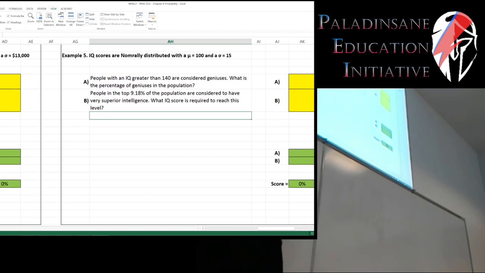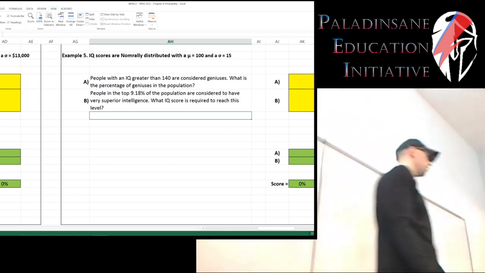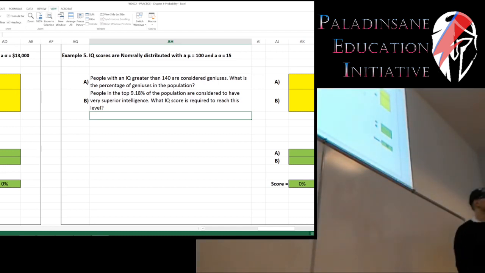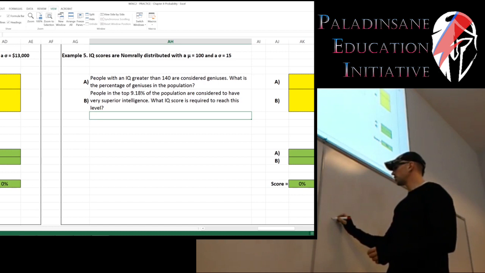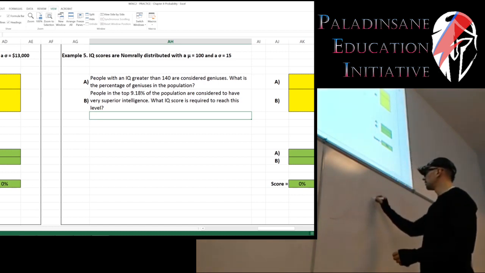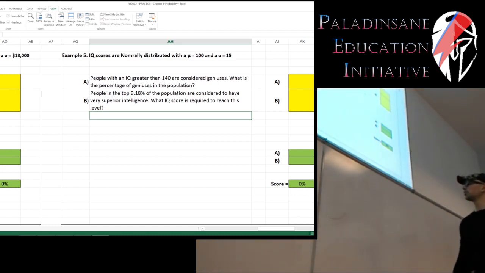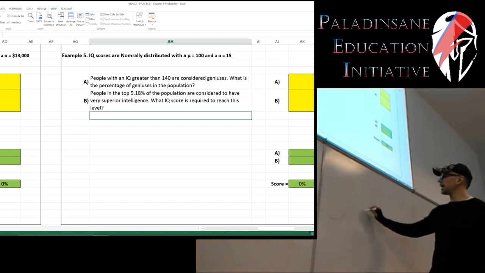What is the percentage of geniuses in the population? If people with an IQ of 140 or greater are what we call geniuses, what percentage of our population is walking around with that genius level IQ? This is the population distribution. It's a horrible drawing, but it's going to serve our purposes. So you want to draw that out.